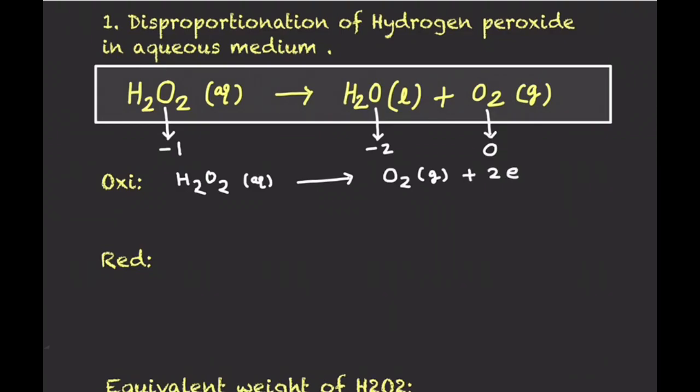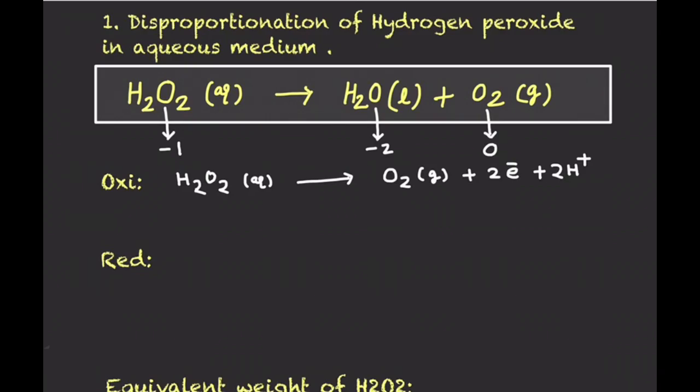We can write here 2 electrons. If we are taking acidic medium, to balance the charge, on the right hand side we can write 2 times H plus ion. Now we have to balance the atoms whose oxidation number is not changing. Hydrogen atom oxidation number is not changing. On the right hand side it is 2, on the left hand side also it is 2. This oxidation reaction is balanced.